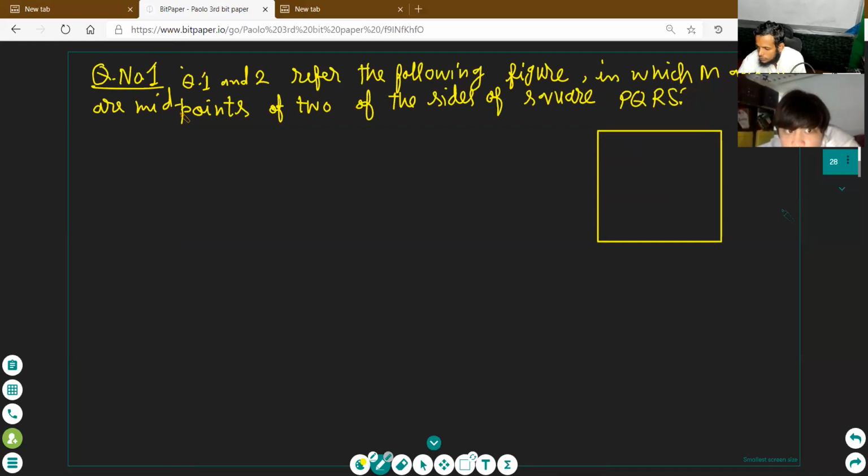You can also choose the line tool. Try to make the figure perfect. You use the pen, but use the line tool. See, I am choosing the figure and line tool. Then this is perfect.